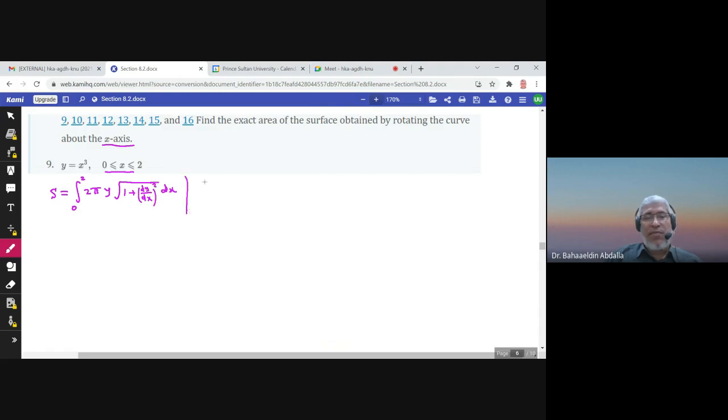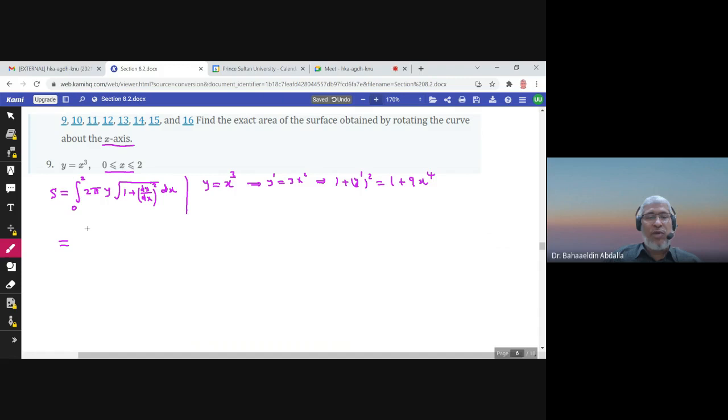And in this case, the function has to be solved for y. So y is a function of x, which is the case. So y prime is 3x squared, and 1 plus y prime square would be 1 plus 9x to the power 4.